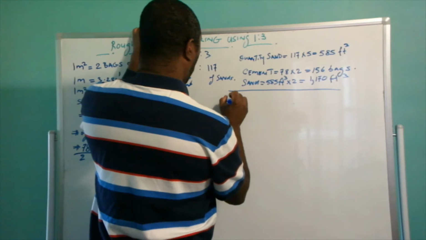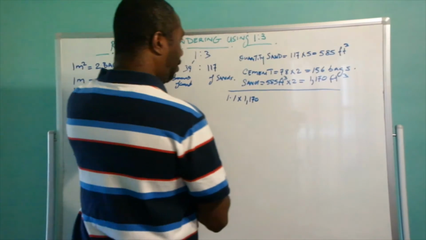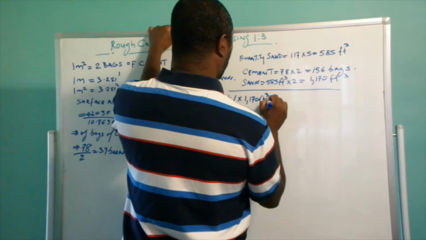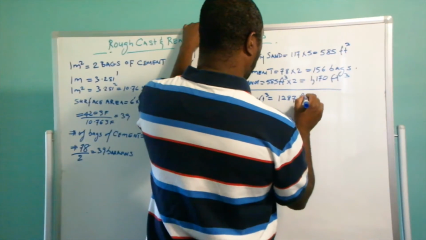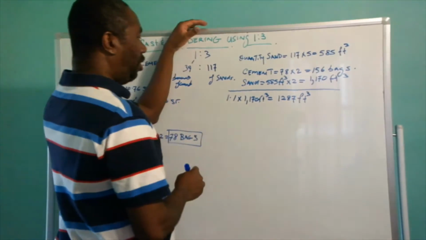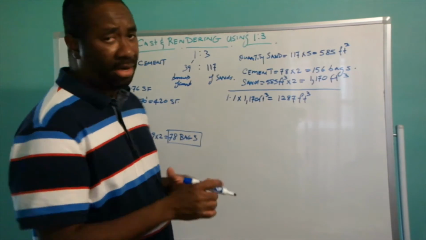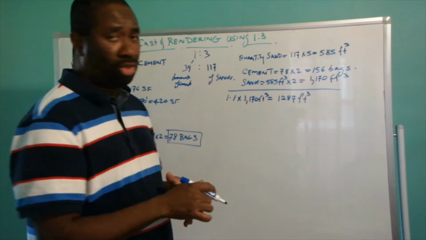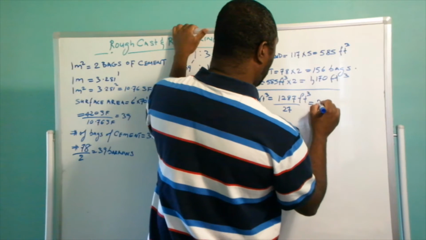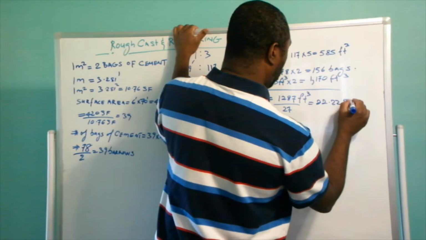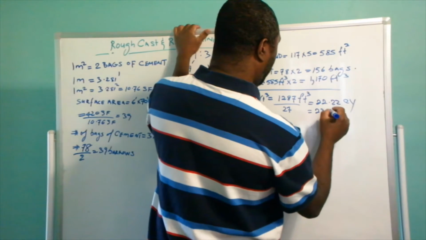So we're going to have 1.1 times 1,170 feet cube, which will equal 1,287 feet cube. We can convert this 1,287 cubic feet to cubic yards by dividing by 27, and that works out to be 22.22 cubic yards. We can round this up to 23 cubic yards.